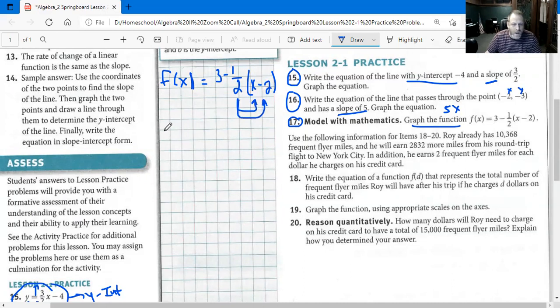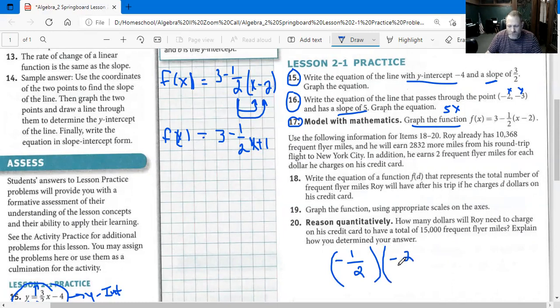So we're going to do f(x) = 3 - 1/2x + 1. How did we get that 1? Over here on the side, we'll do -1/2 times -2.